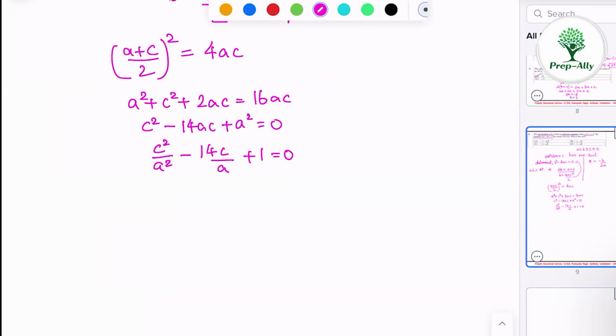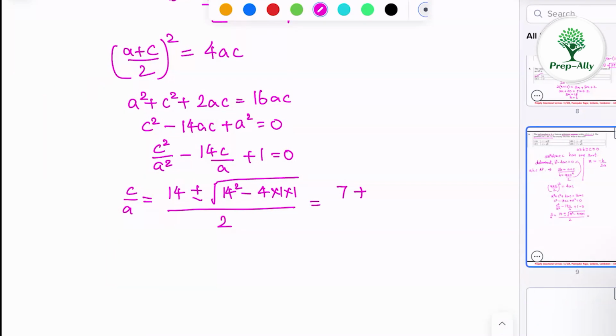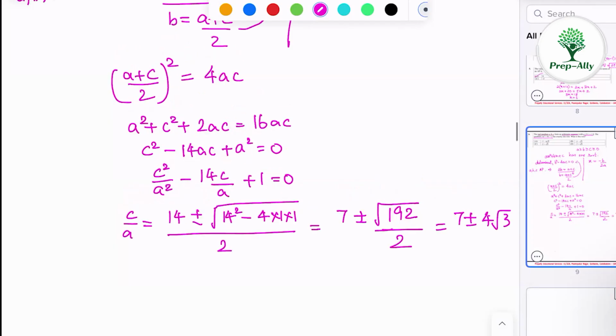So from here we can write c by a equal to 14 plus or minus square root of 14 square minus 4 times 1 into 1, by 2, which is equal to 7 plus or minus square root of 192 by 2. So this is in turn equal to 7 plus or minus 4 square root of 3.